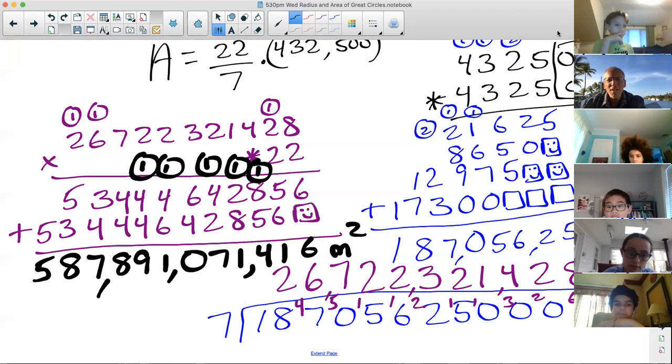Guys, it was such a great time. And I would like to know if you're interested in more of this. Maybe we talk about the volume of a sphere, which is the most incredible thing. The volume of a sphere was discovered by Archimedes.